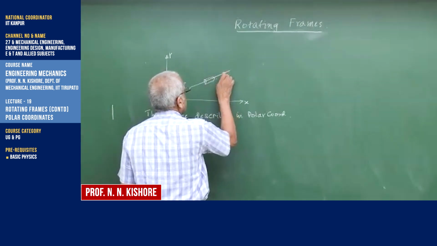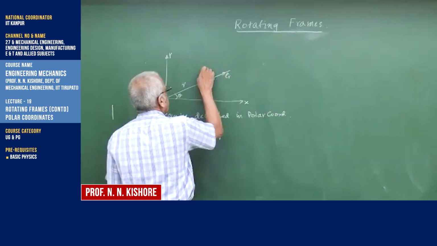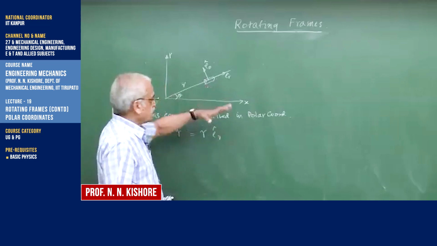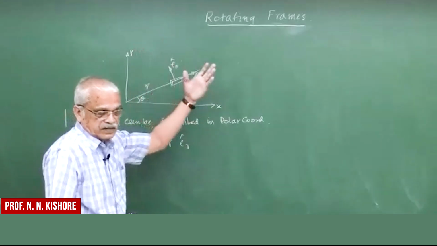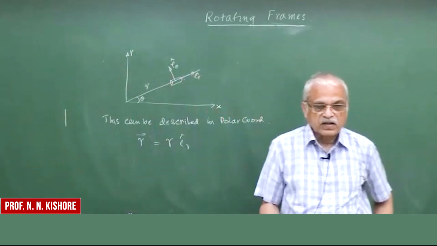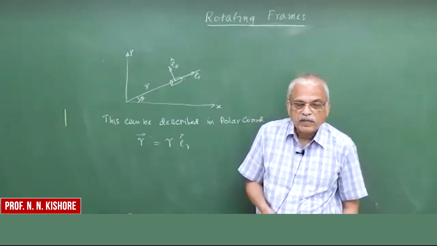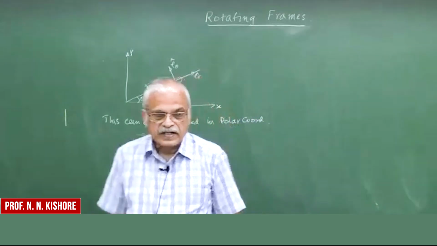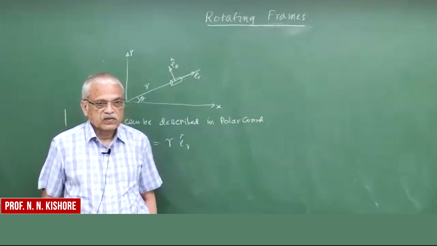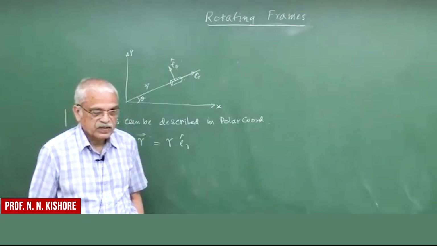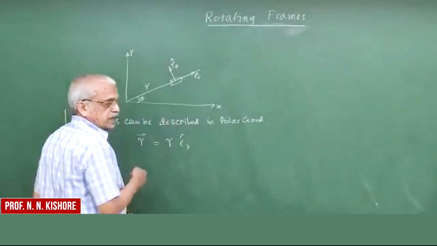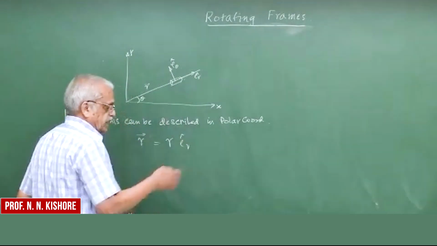So we have ER and E theta, and obviously when theta moves, ER and E theta are changing. So we took the dER by dt. If you recall, it was nothing but omega times E theta, and d E theta by dt was nothing but minus omega times ER. Okay, so that's what we did at that time.